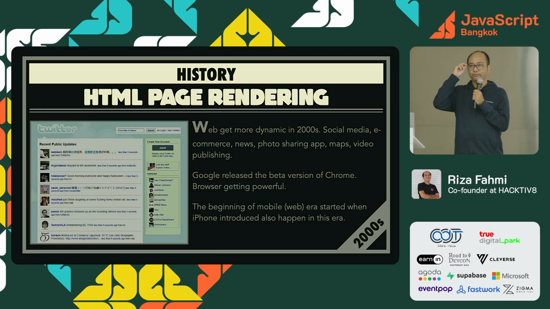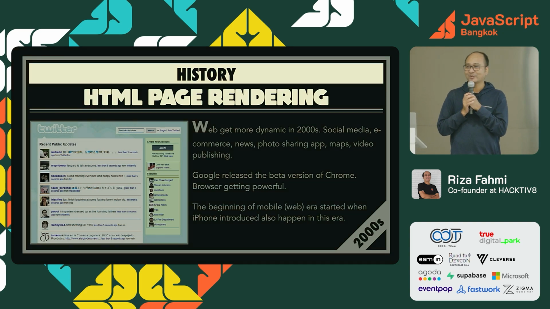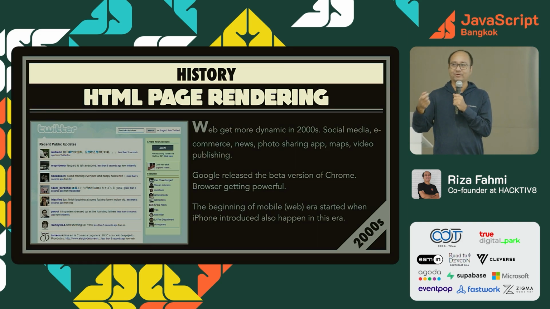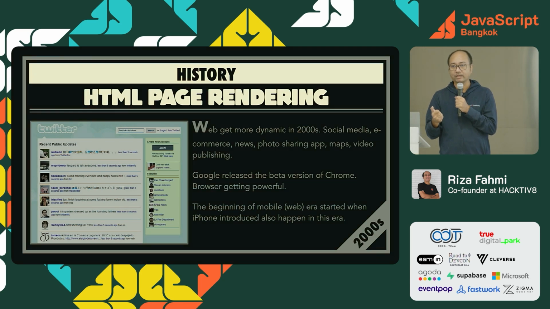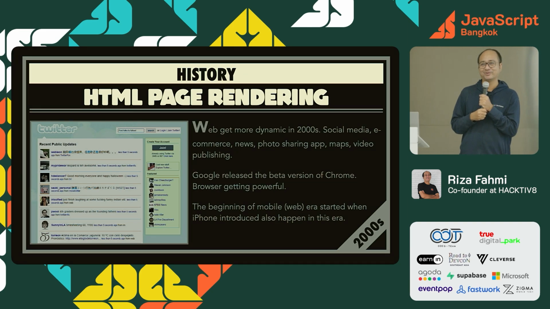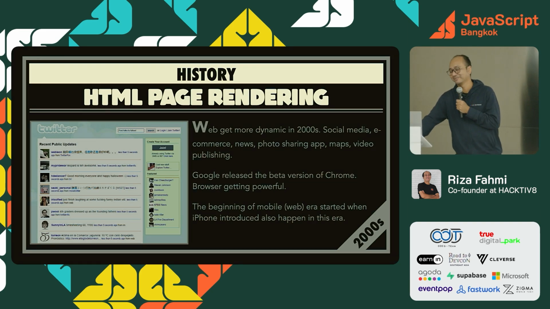A year before, Apple also introduced the first iPhone. There was no App Store yet. So if you wanted to run an app or you liked some website, you could open it in Mobile Safari and add it to the home screen, like we do now for progressive web apps, right?